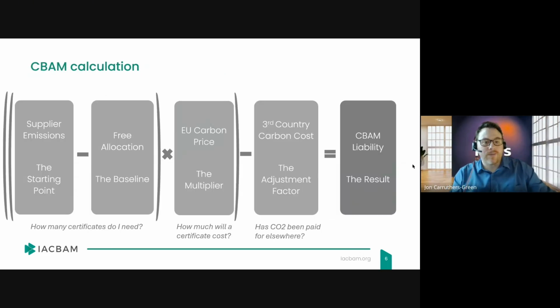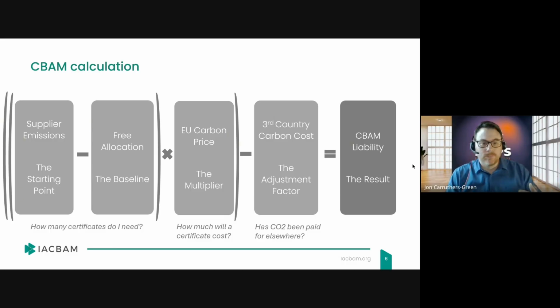So let's start and have a look at how we put the CBAM price, the CBAM liability, the CBAM cost together. Now, in the documentation released by the European Union, there are a whole series of very complicated looking formulas.